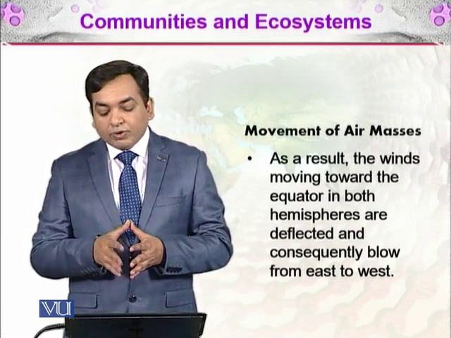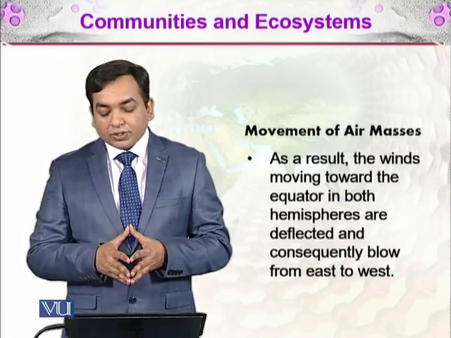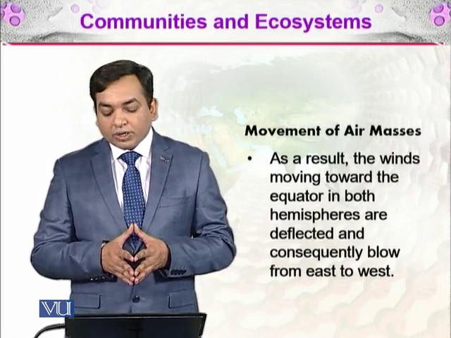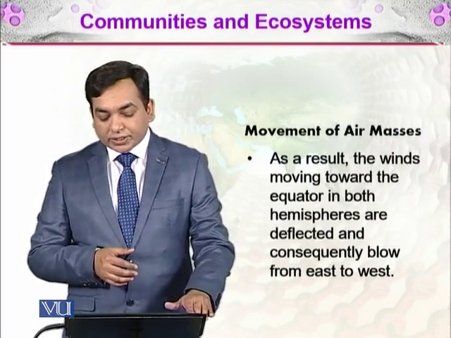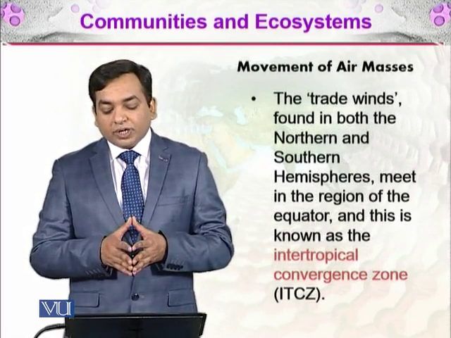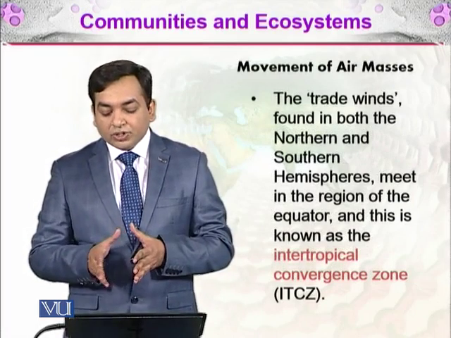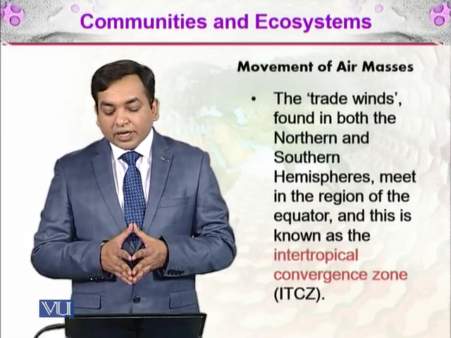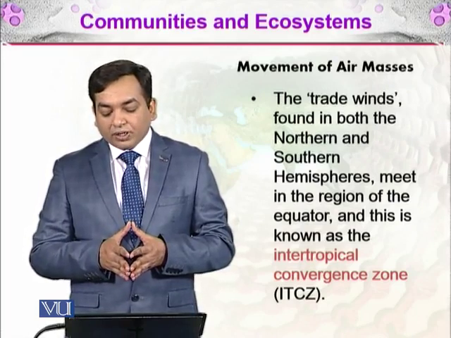So the winds moving towards the equator in both hemispheres are deflected and consequently blow from east to west. The trade winds found in both the northern and southern hemispheres meet in the region of the equator, and this is known as the Intertropical Convergence Zone.